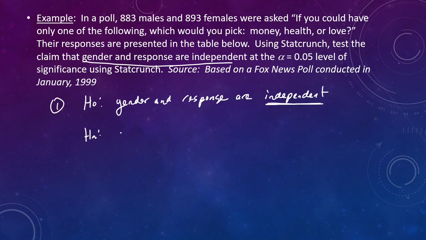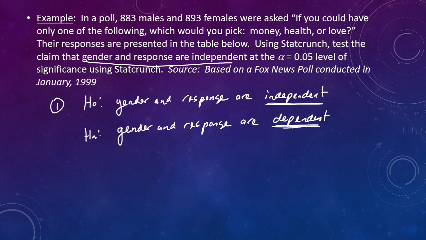And for the alternative hypothesis, gender and response are dependent. The alternative hypothesis says that males pick certain categories more than females, and females pick certain categories more than males. Step 2 will state alpha. Alpha is 0.05. Step 3 and 4 will go to statcrunch to do the problem.